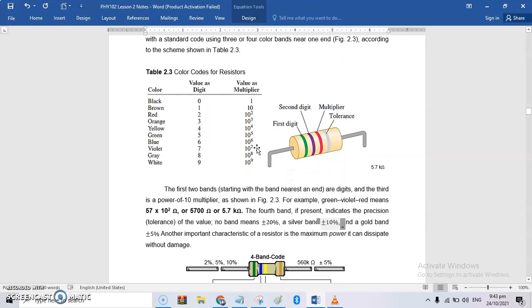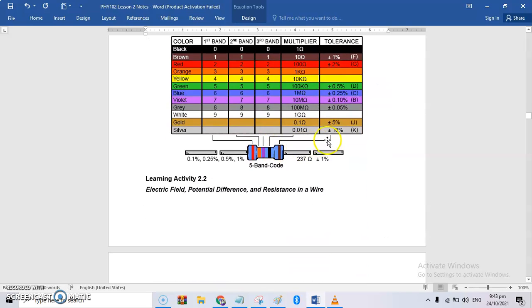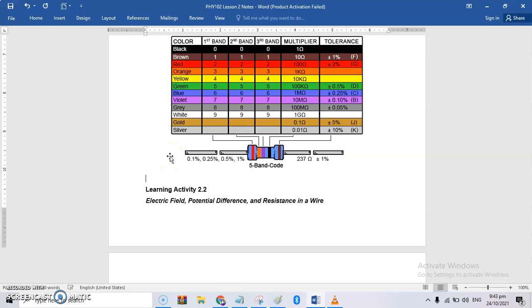For example, si voltage natin is 220 volt. Si current times the resistor or the resistance. Si resistance natin, kapag 0 yan, 0 din sila. Walang current, walang volt.